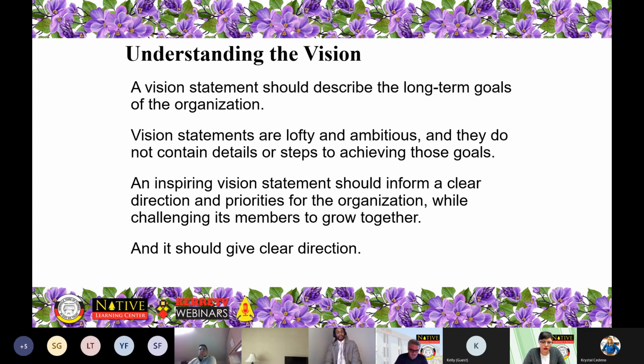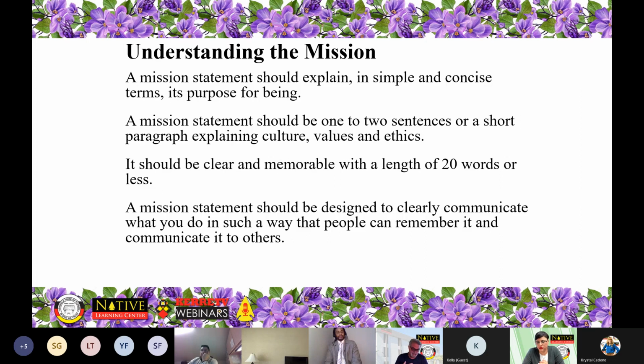The mission, in my humble opinion, needs to be concise, not something that we ramble on about. The mission is not the place where we get into the minutia, where we get into details. It's going to be a little more specific than the vision, but not quite as specific as the articles of incorporation or bylaws, obviously.